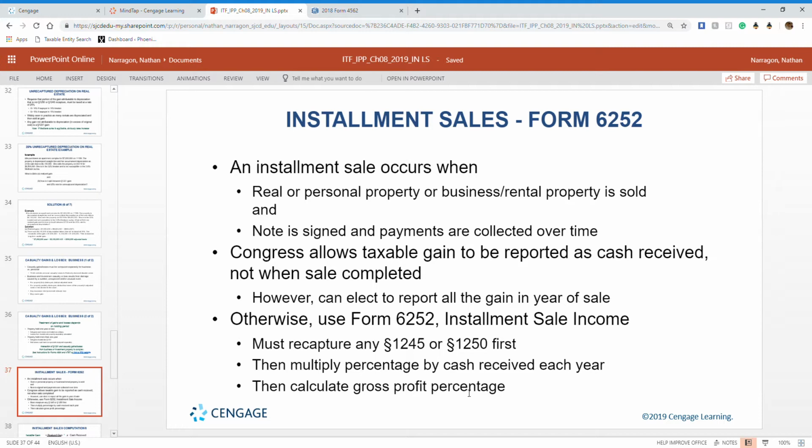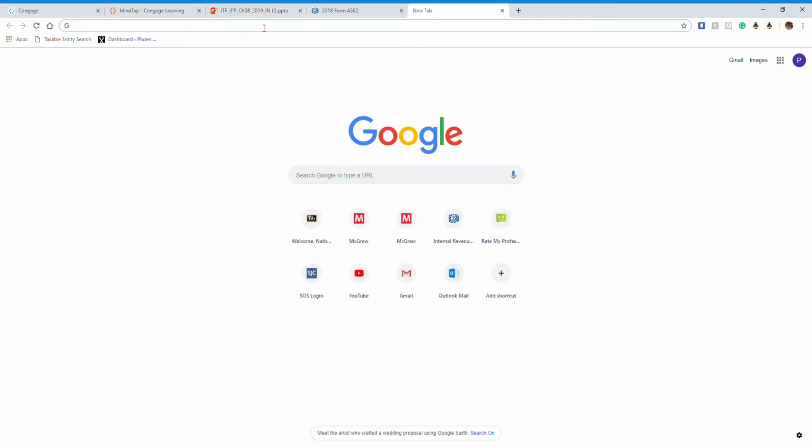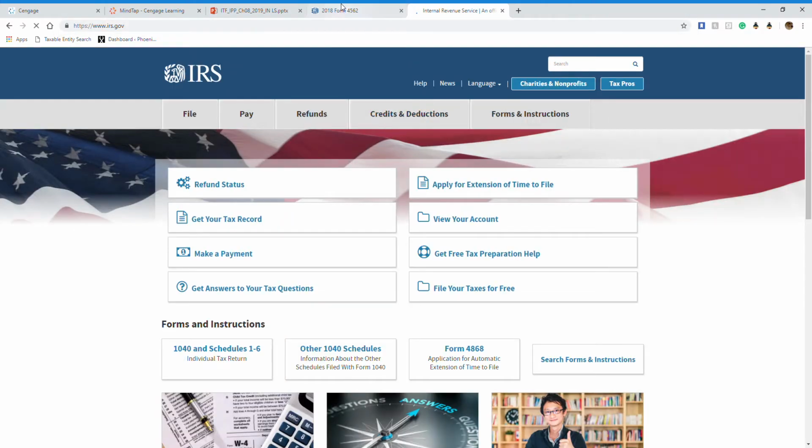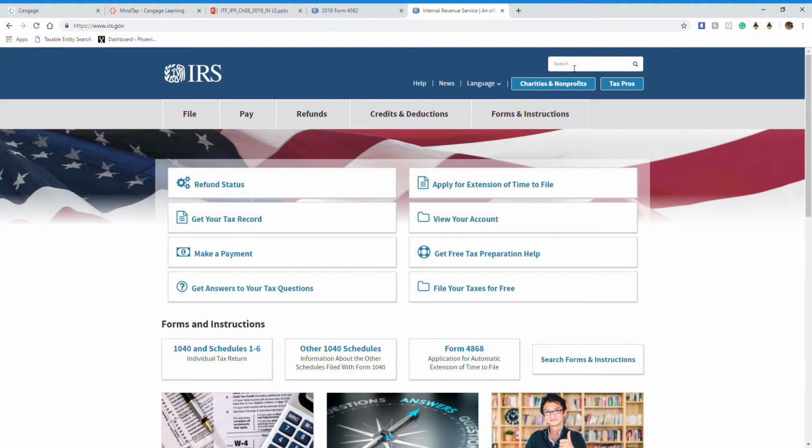So we're going to finish this up with some other special types of sales. Another sale that we can do is known as installment sales. And this one I will show you because they are very specific on this installment sale. So this is form 6252.